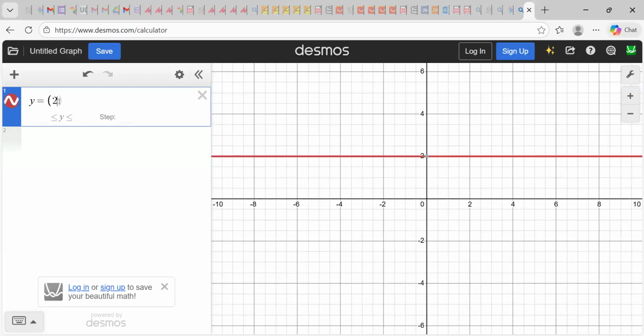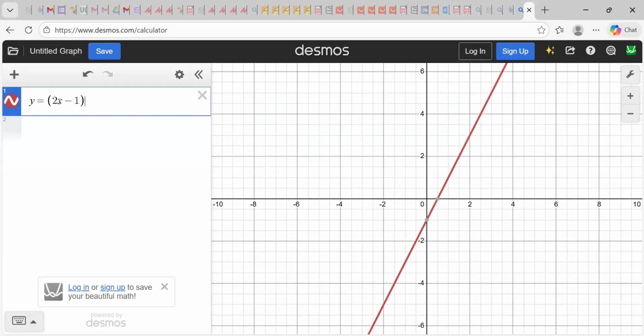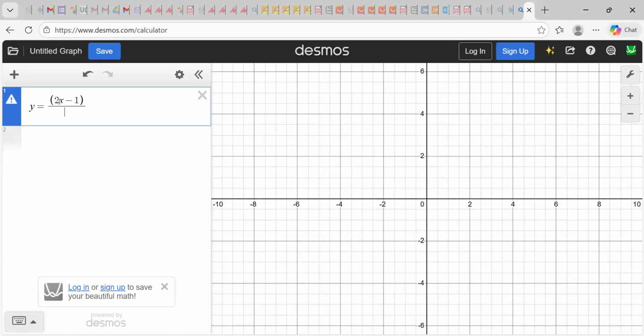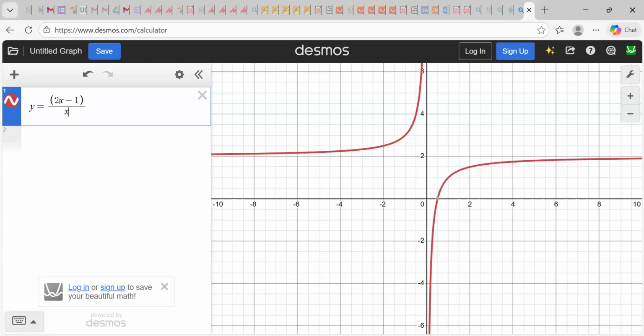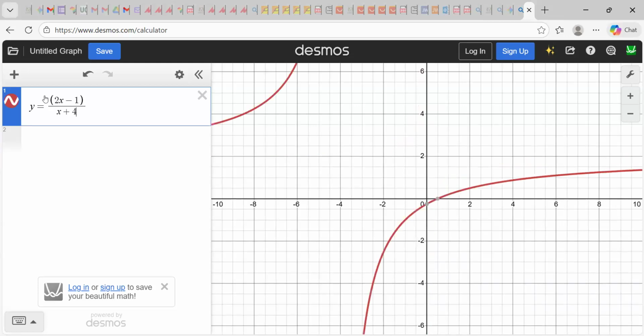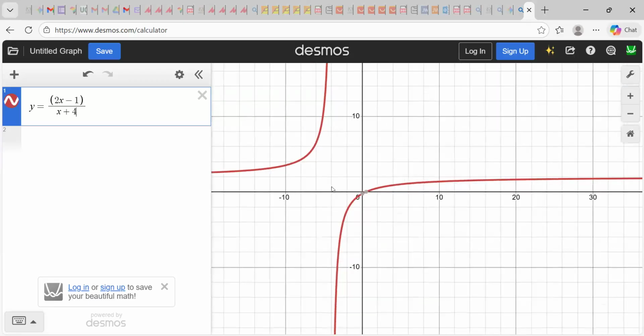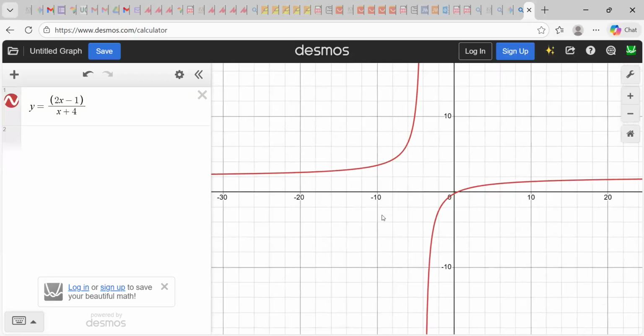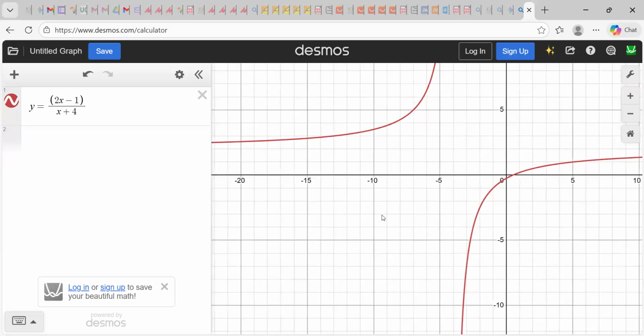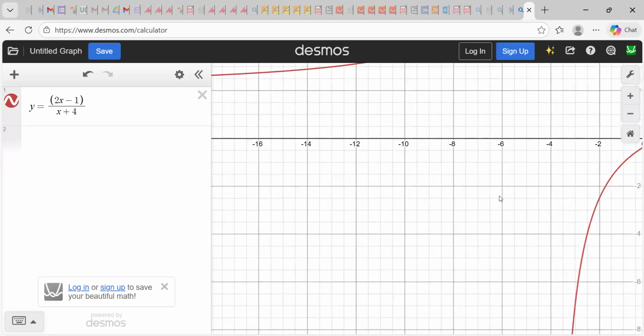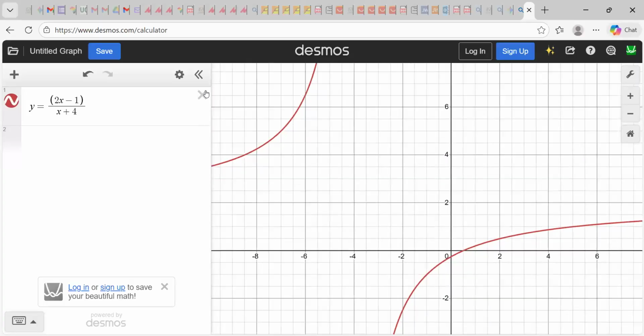I'll go with 2x minus 1, close bracket, over x plus 4. Good. So I just want to show you what's going on. I want to do it wherever you can see -4.